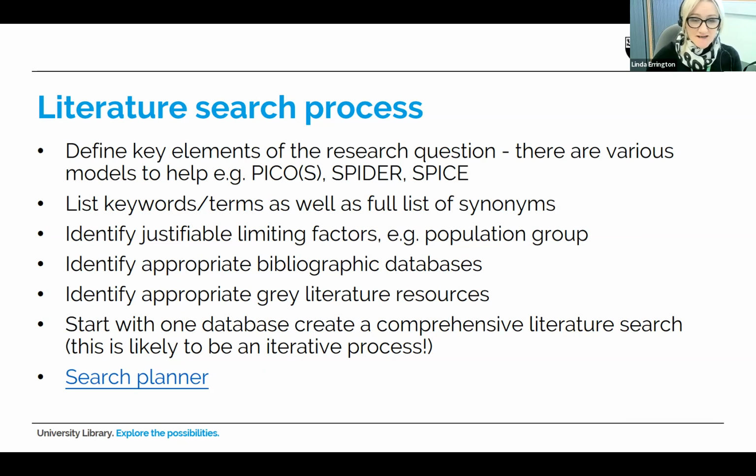So it's worth trying these to see which model works best with your research question. Can you break it down by patient, intervention, comparison, etc.? Is it more useful to you to look at setting, perspective and intervention? Have a go, see how they pan out. There is no absolute right or wrong.